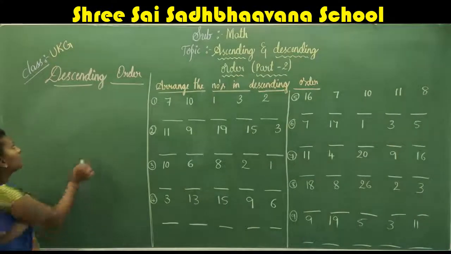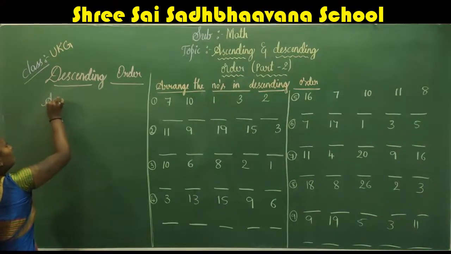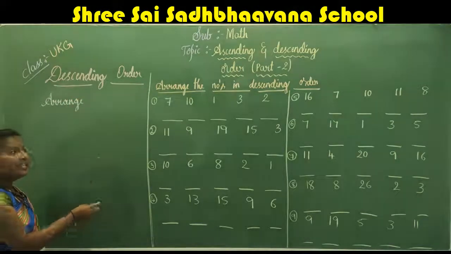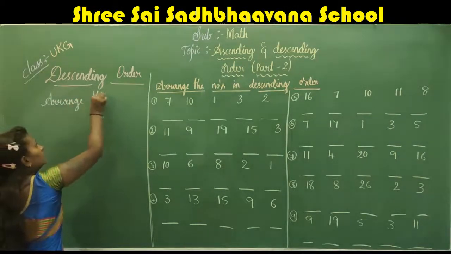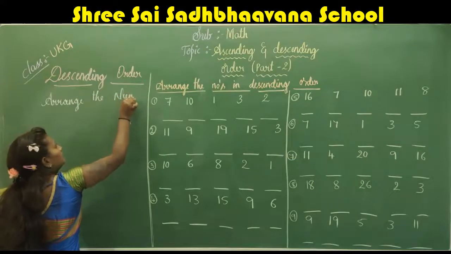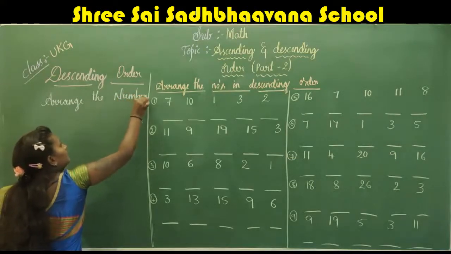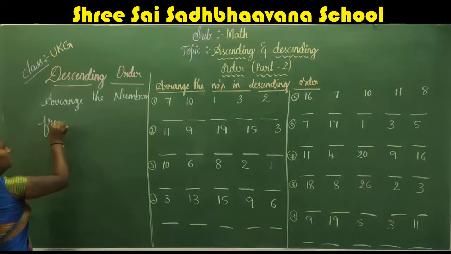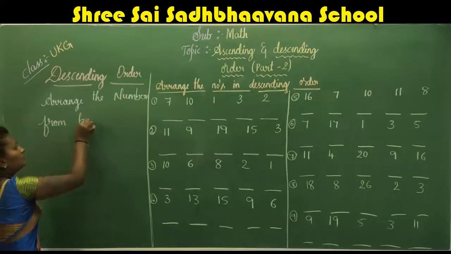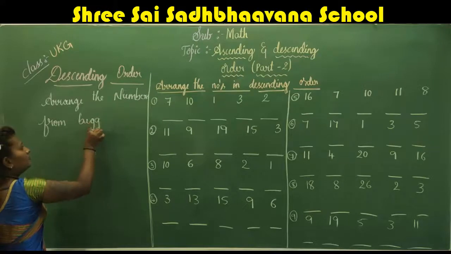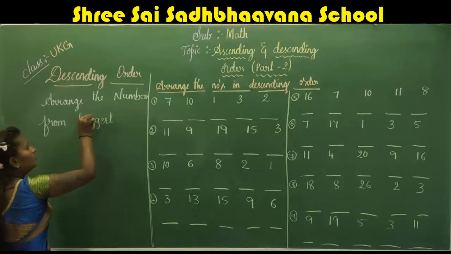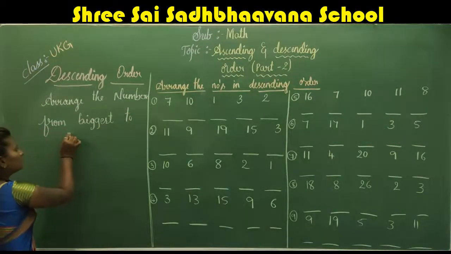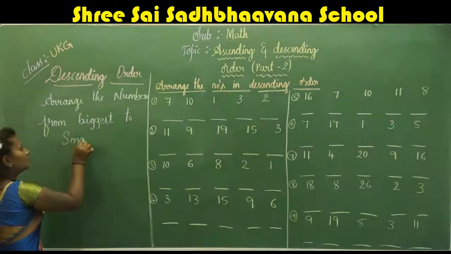Descending order is nothing but arranging the numbers from biggest to smallest.